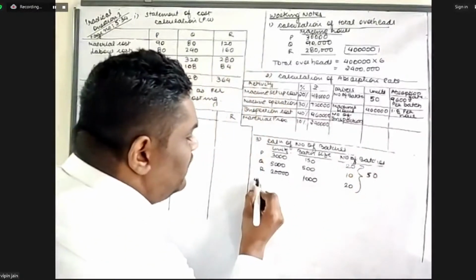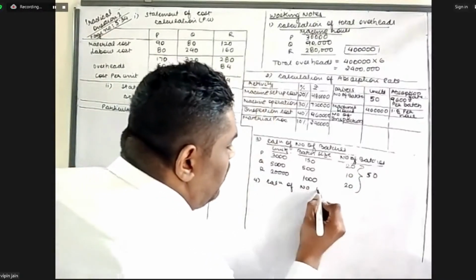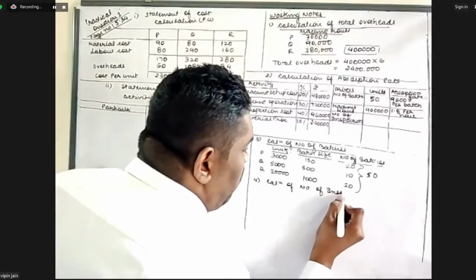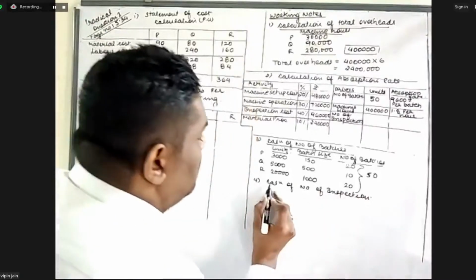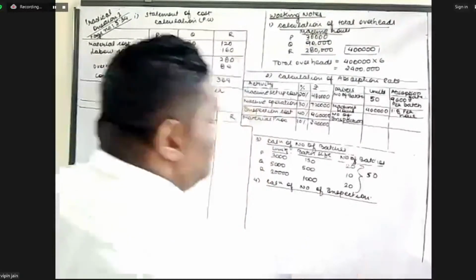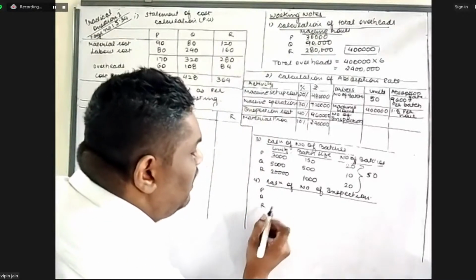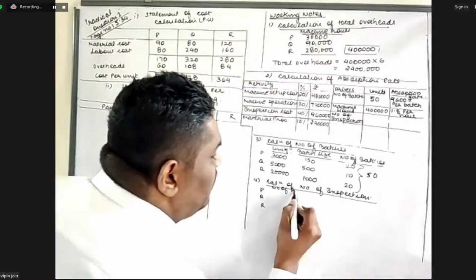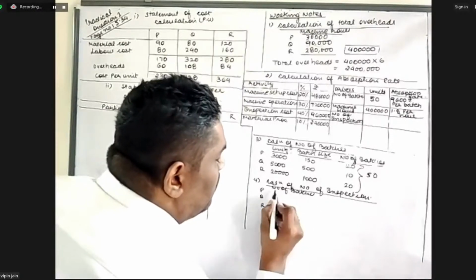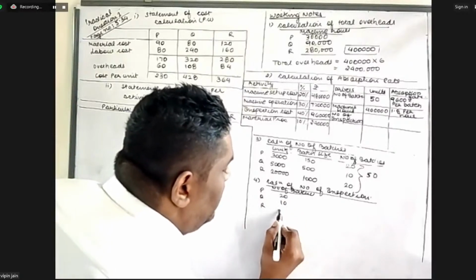So next, fourth working note, calculation of number of inspections. Again, three products P, Q, and R. Number of batches we have already calculated, that is 20, 10, and 20.